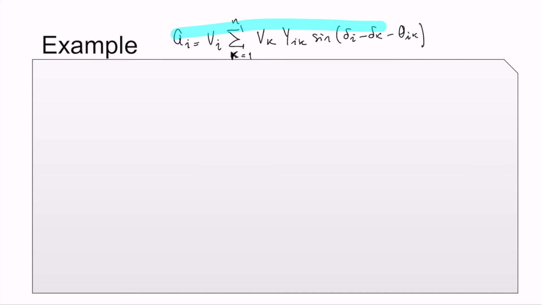We can continue working with the set of reactive power equations in a similar way. So I'm giving you the definition of reactive power for every node. Now I'm going to write the equation for each of these 3 nodes.